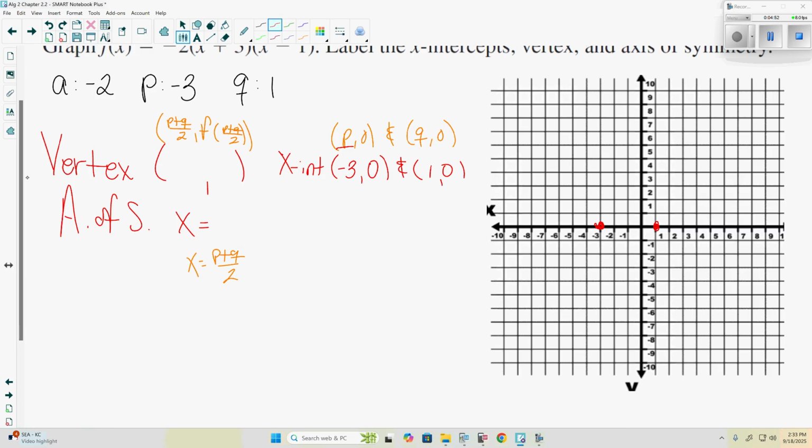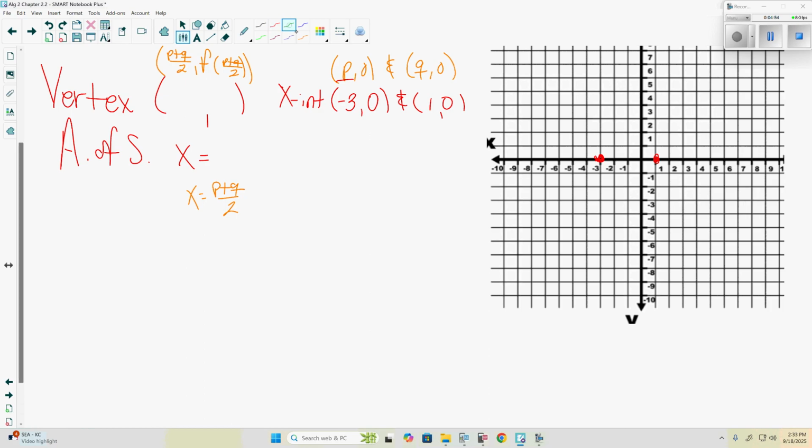Now for the vertex, the first thing we need to find is p plus q over 2. The value of p is negative 3. The value of q is 1. Now we just need to calculate negative 3 plus 1 over 2. Well, what is negative 3 plus 1?